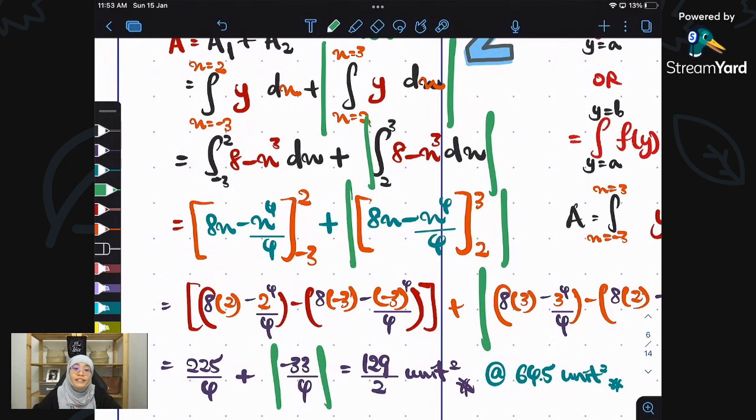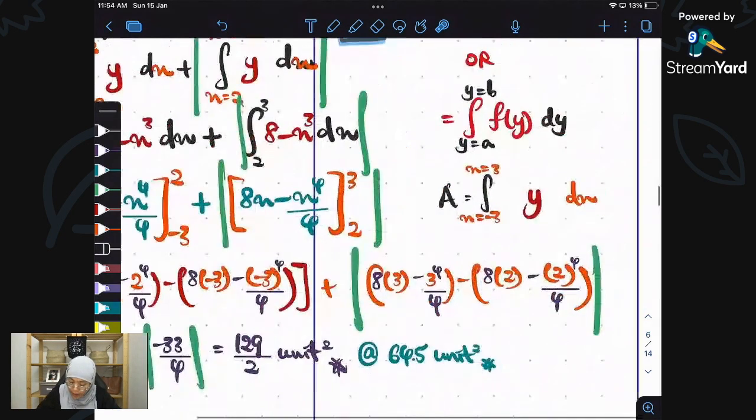Right, so the answer for this question is 129 over 2. Unit squared jangan lupa letak ataupun you boleh tulis 64.5 unit squared. Okay, just please bear in mind dalam matematik, dalam PSPM exam nanti, you kena ingat bahawa you kena letak substitute in the value of 2 and negative 3 inside of this answer.